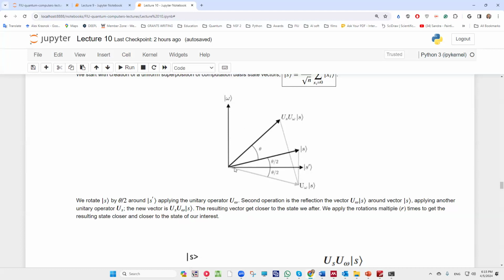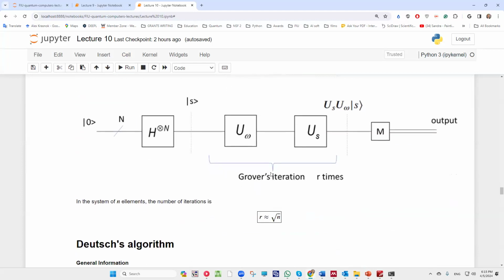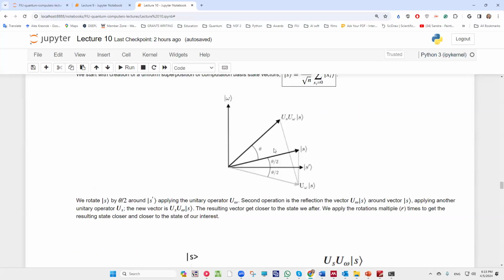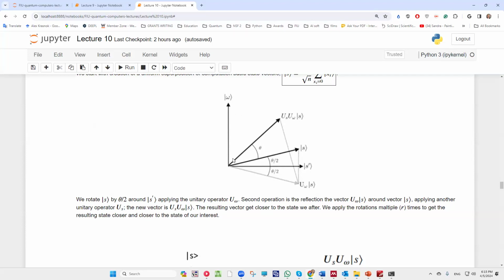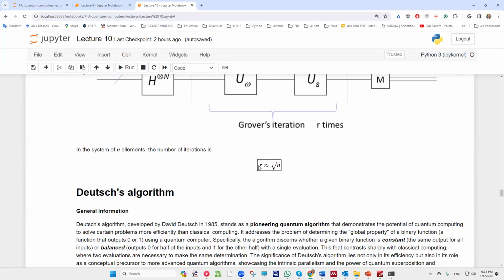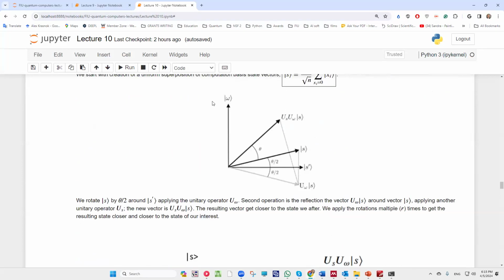What actually happens is when you apply these iterations like square root of n minus 1 times or square root of n times, you get this vector very close to the vector omega. But when you apply this iteration another time, like square root of n plus 1, you get this vector on the other side.